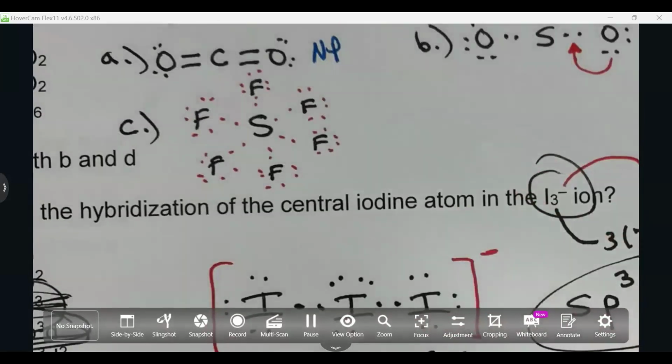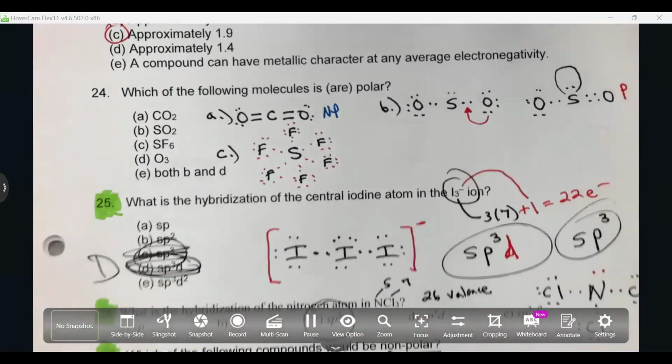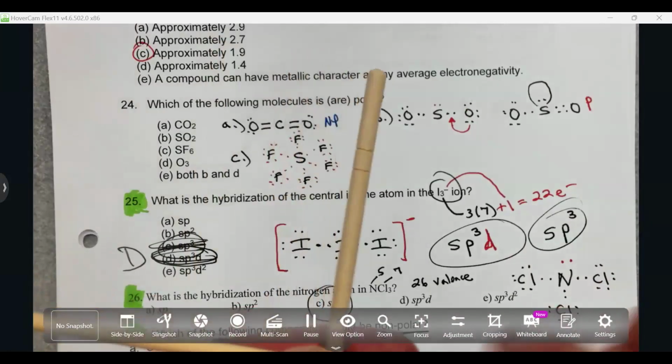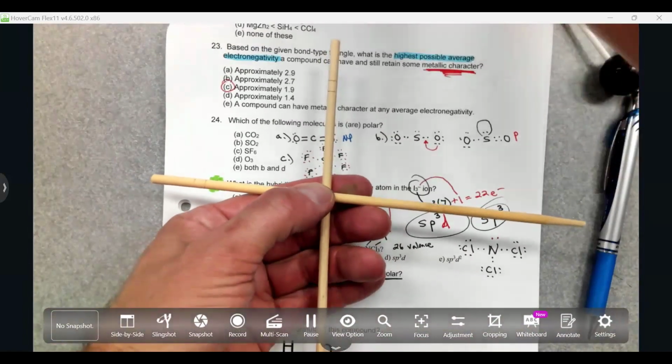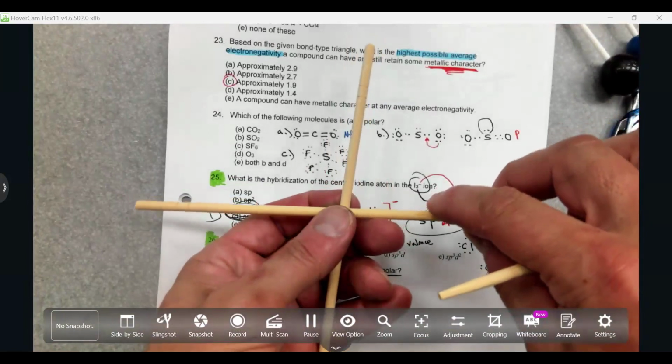Can you visualize that? We've got this, right? Or in this axis. 90, 90, 90, correct?